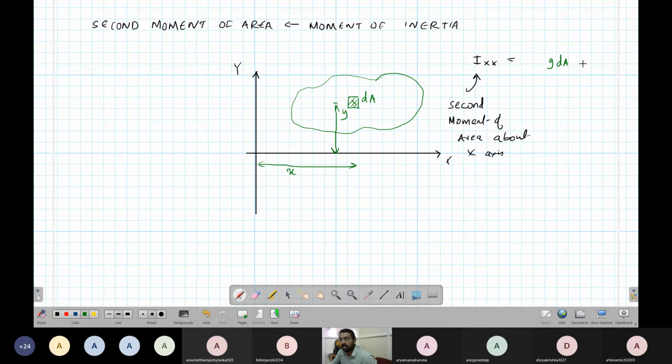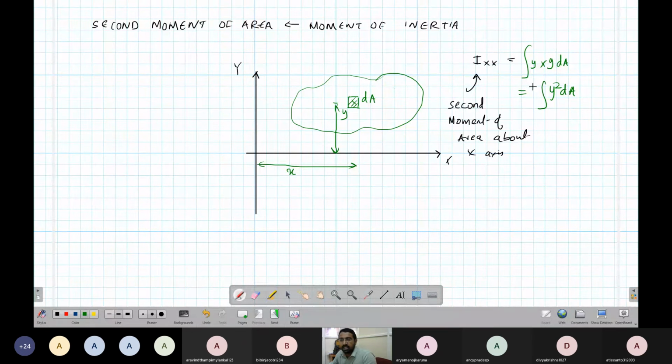One more moment you have to take, that means y times dA into y. This is your second moment of area, equal to y square dA. You keep on taking small areas, and for all those areas you find the second moment, which is distance into distance.